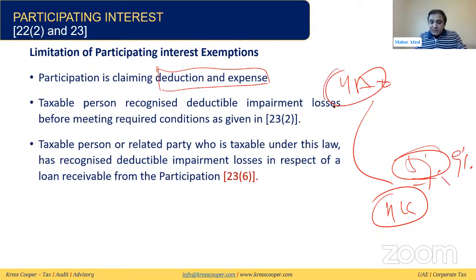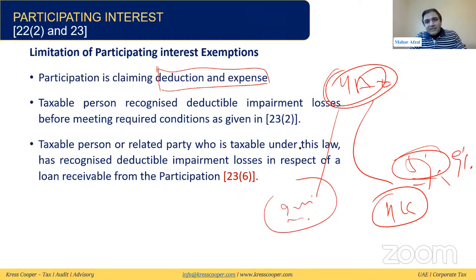But if this UAE company is claiming any expenses, like investment expenses, impairment loss, exchange gain and loss, then they will not be eligible to claim the exemption on the income. It is basically an apple to apple comparison: if they are claiming the expenses, they will be liable to pay tax on the income as well. If they're not claiming the expenses, they will not be liable to pay, because an exemption has been given on the income as well.